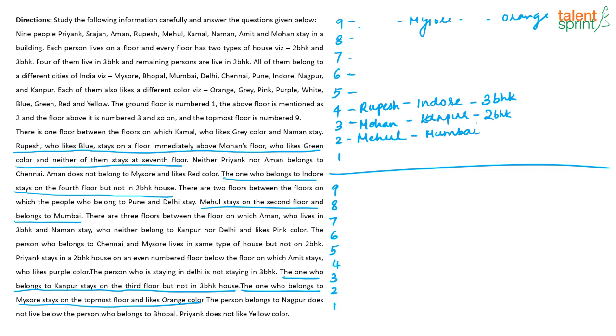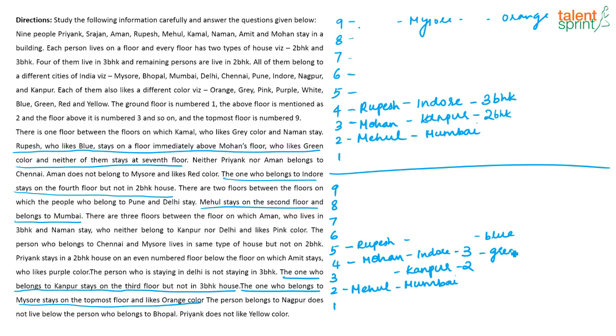The other possibility is this is Mehul from Mumbai and this has to be Rupesh and Mohan. This you know is Kanpur and this is 2 BHK, this you know is Indore and this is 3 BHK, and you already know that Rupesh likes blue, Mohan likes green.